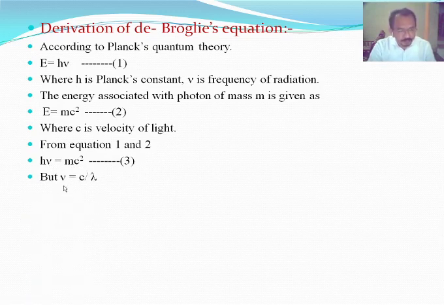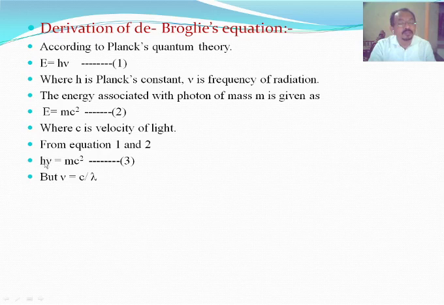But nu is equal to c upon lambda. What is c? c is the velocity of light. Lambda is the wavelength of the radiation. Put this value in equation number 3.